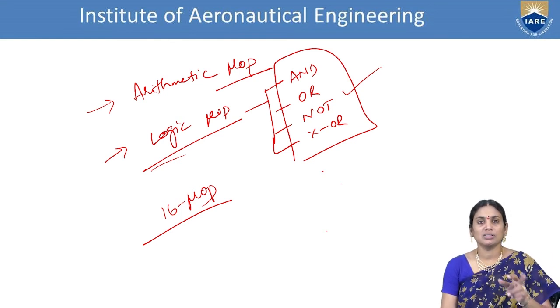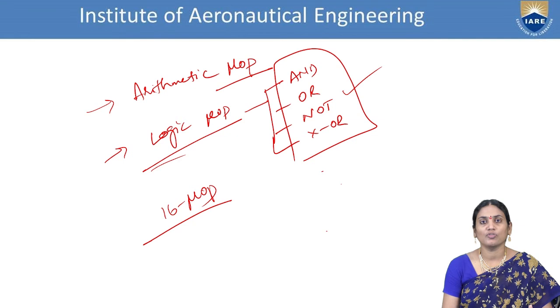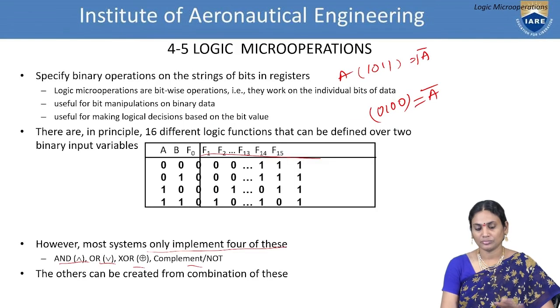Now the next one is digital operation with respect to logic cases. In logic operations, we are supporting the basic 4 micro operations, that is AND, OR, NOT, XOR. Based on these 4 combinational logic circuits, we try to design logic micro operations which can support up to 16 micro operations based on the number of inputs you are taking.